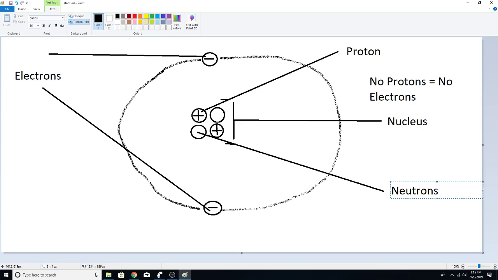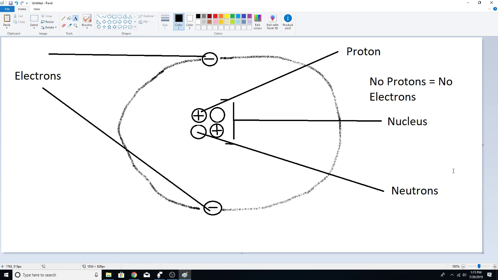In isotopes, an atom usually gives off neutrons because it has too many, and that's where, for example, radiation comes from. But like I say, I'll talk about that in another video.